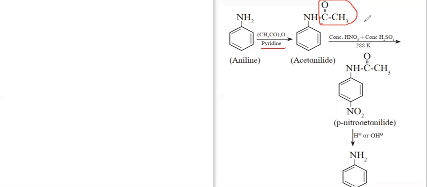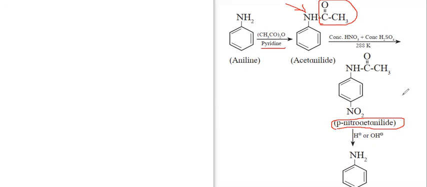Now it is not a strong activating group, nor a deactivating group. It does not convert into NH3+, and because of that, it does not form a deactivating group on the ring. When it is treated for nitration, with concentrated HNO3 and concentrated H2SO4, it forms para nitro acetanilide.